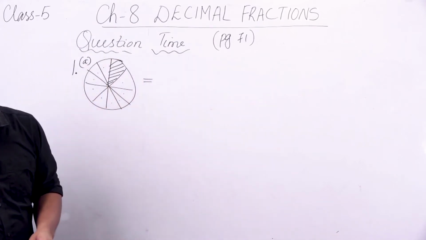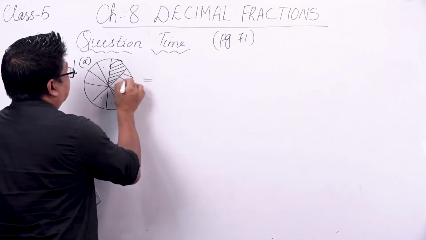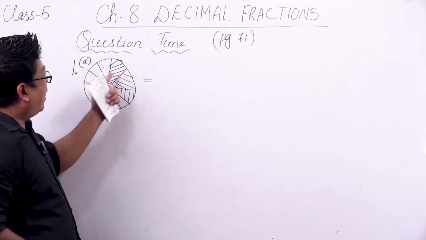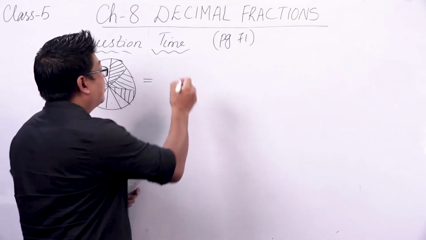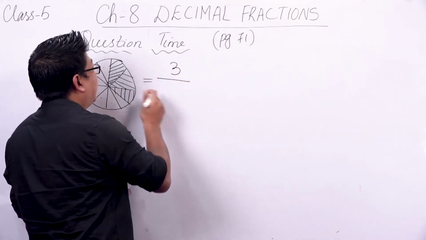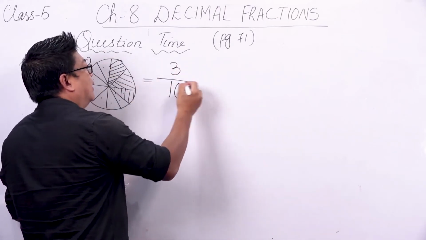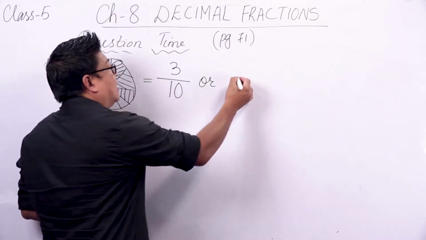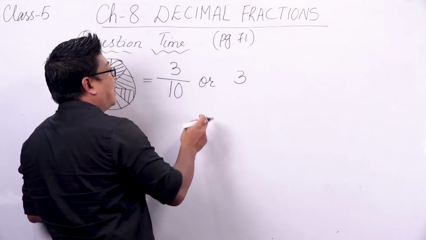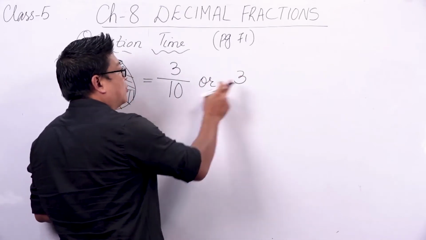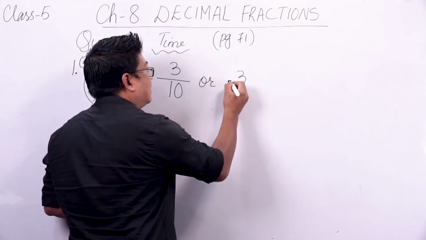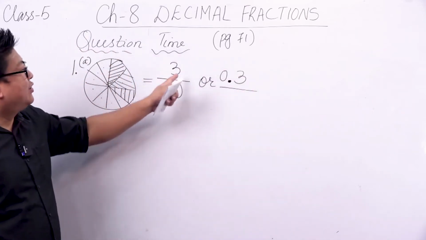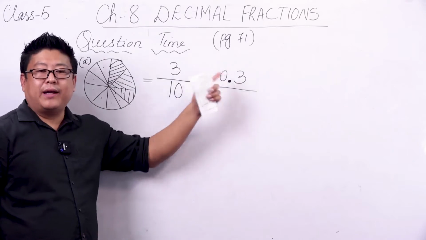Now, let's look at question 2. These are the same examples which I have used. 1, 2, 3. 3 parts. So 3 by total 10. Or we can write this as, first I will write 3 and then I will count. Only 1, 0. So one place and, all right. So it is 3 by 10 or 0.3.